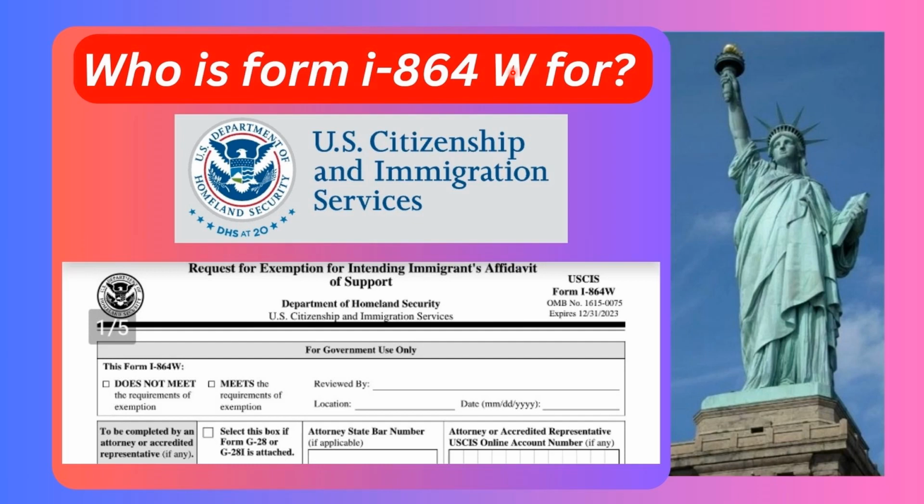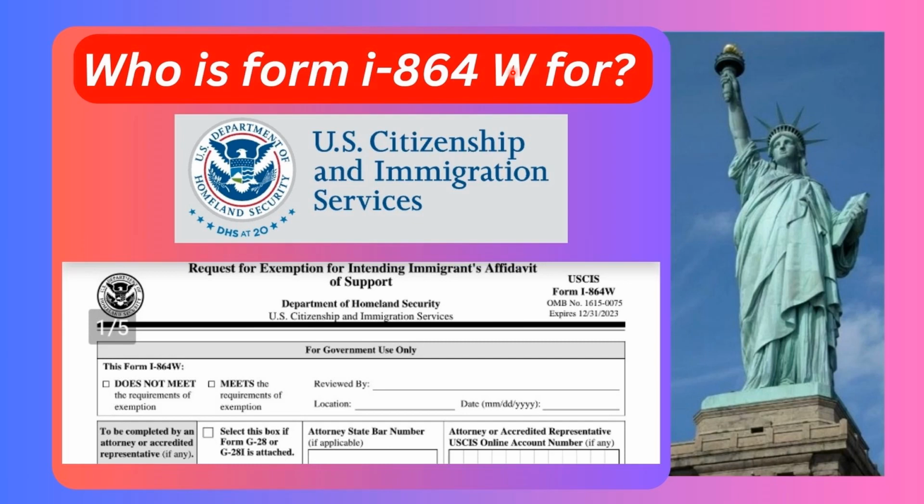So that's two categories. Third category, you are a self-petitioning widower. If you are a self-petitioning widower, you qualify to file I-864W to document and claim the exemption.